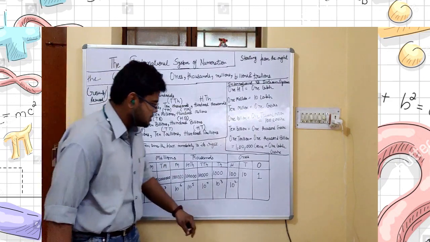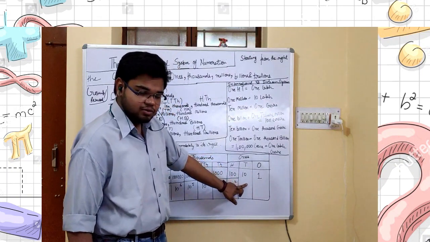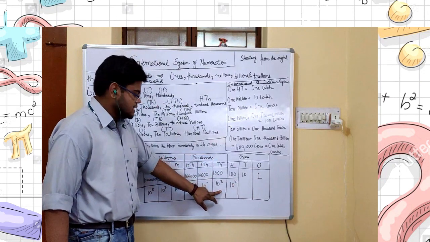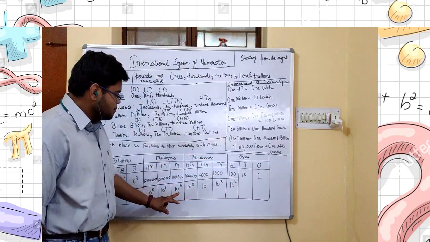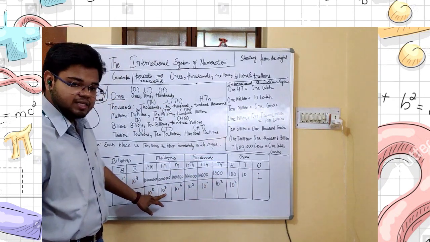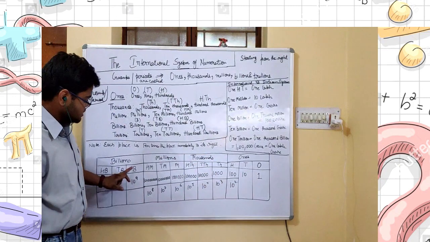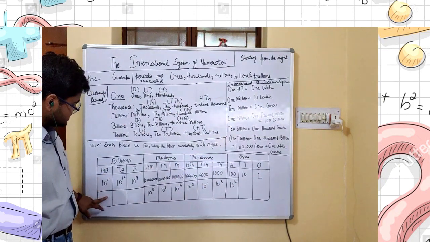So children, you can see from here, ones had no zero, tens had one zero, 100 had two zeros, 1000 had three zeros, 10,000 four zeros, 100,000 five zeros, million six zeros, 10 million seven zeros, 100 million eight zeros, billion has nine zeros, 10 billion has 10 zeros, and 100 billion has 11 zeros.